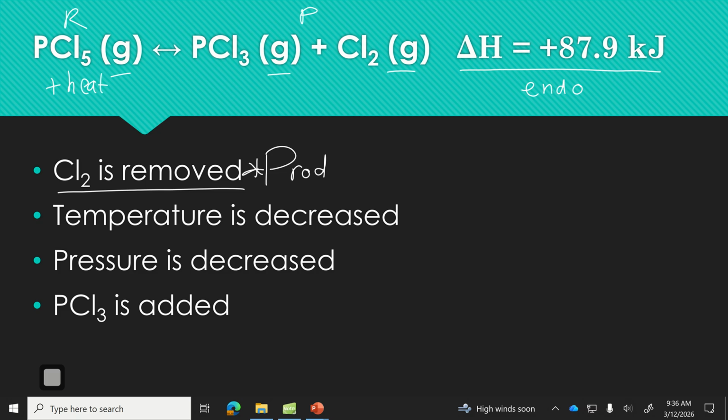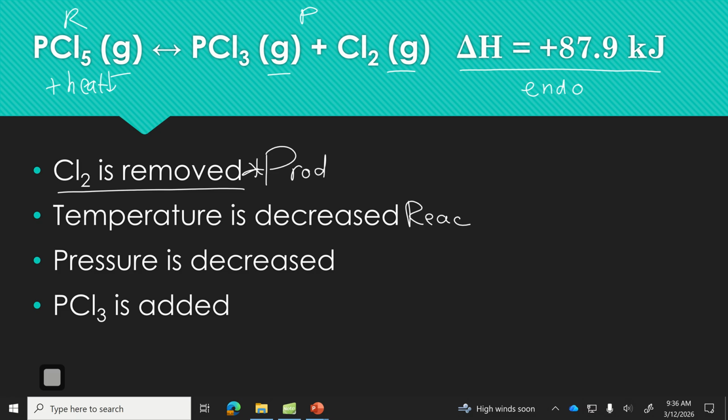Temperature is decreased. Basically the same thing I just did with the Cl2, I'm decreasing the heat. I need to replace that. That's going to go toward the reactants. Pressure is decreased.